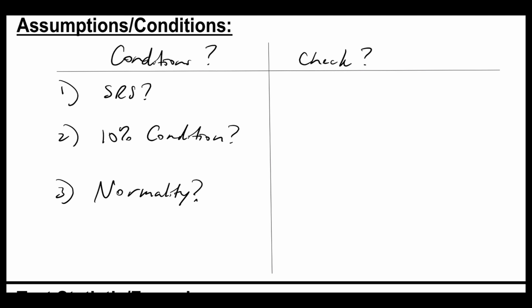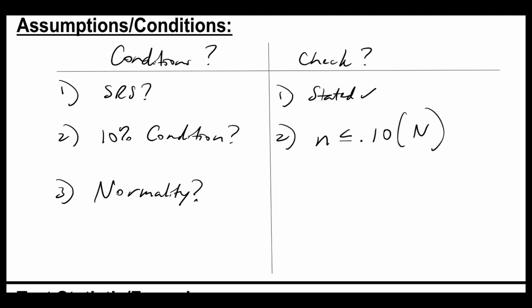Okay, so SRS stated. Number two, 10% condition. Big N, sorry, little n is less than or equal to 10% of big N.